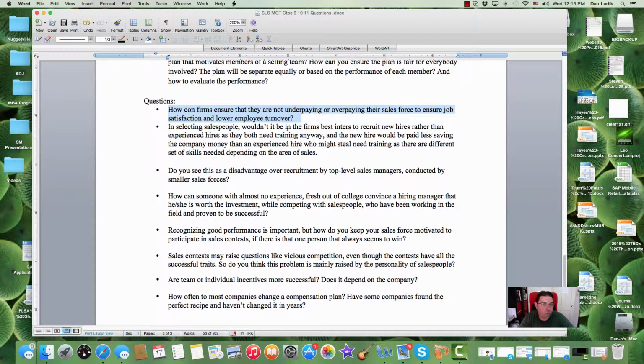How costly? Where's your trade-off analysis there? The good firms not only have all the salespeople in the field, they also have 2 or 3 in training and waiting.